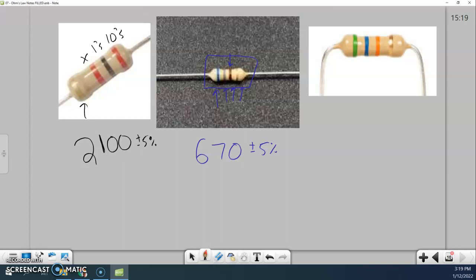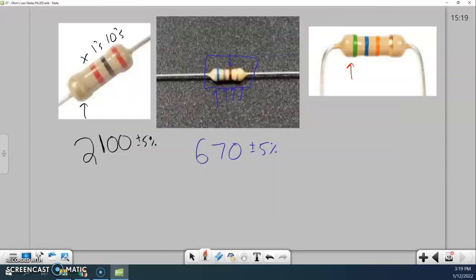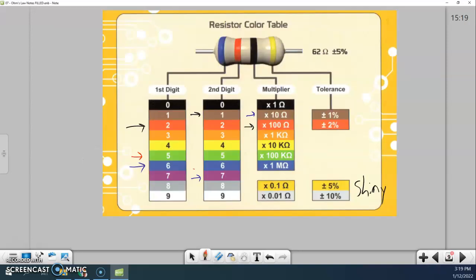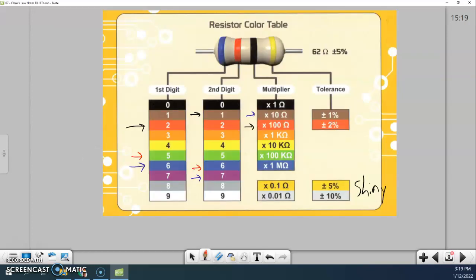We've got green band. Okay, well, this is gold, so this is the last one. So we're going to start on the end far away from the shiny one. We've got green. All right, I got a 5. I got a blue. So this is 56. I've got an orange. Times 1K.